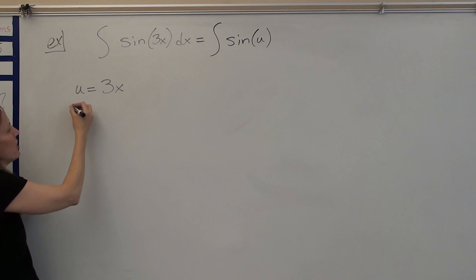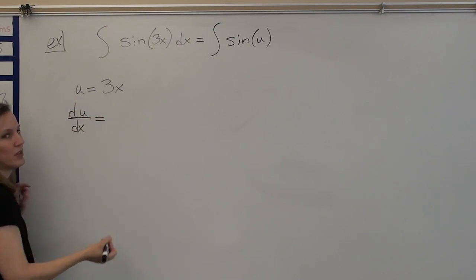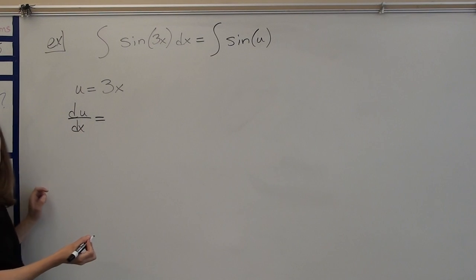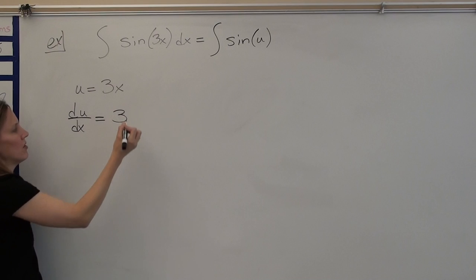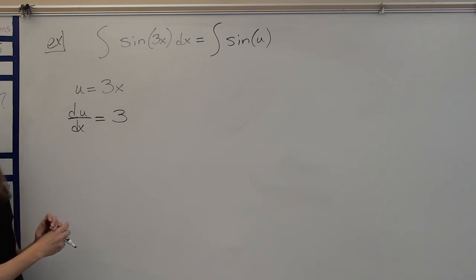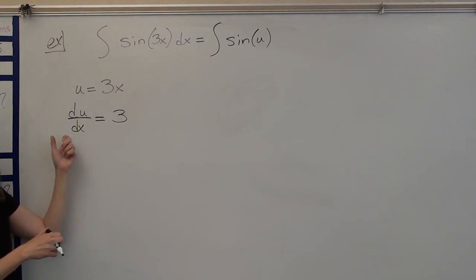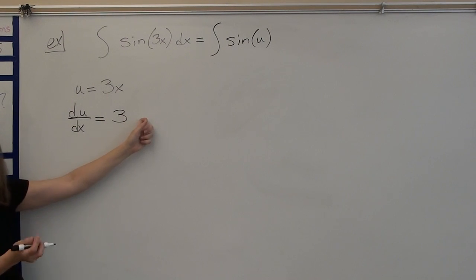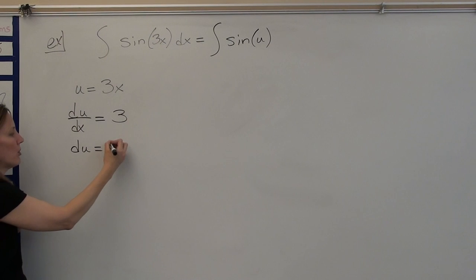So the derivative of u would be du dx, and the derivative of 3x is 3. Now if you remember from those differential equations we did, we can treat this like a fraction and multiply both sides by dx. So what we get is du equals 3 dx.